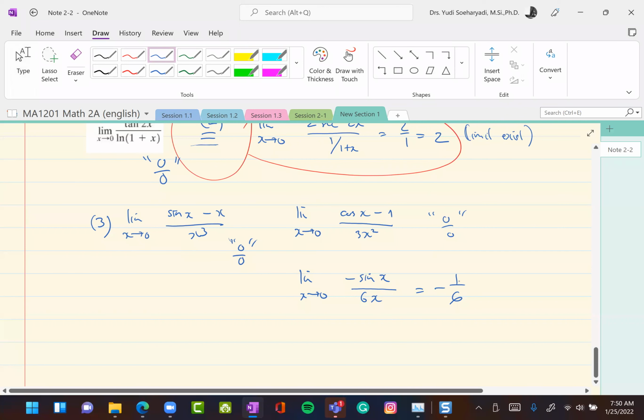And because the limit exists, then this should equal this one by L'Hopital. And that means this limit exists, and that means this limit should exist too and equal the original. Okay. So the equal sign of the L'Hopital rule comes later, after we compute the last limit. All right, and it's common to use the L'Hopital rule more than once.